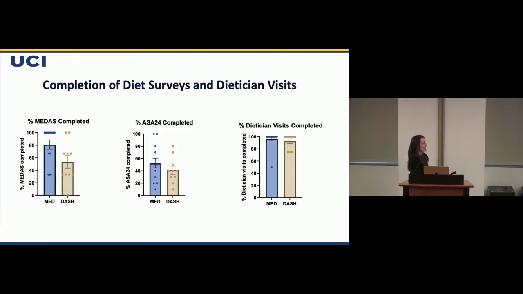For subsequent studies, what I think we're going to have to do is actually have a person call and verbally discuss what the person had eaten over the past 24 hours, because this just doesn't seem like it works well. And then almost 100% dietitian visit. It makes sense that, if you're getting a free dietitian visit, you probably are going to show up for it.